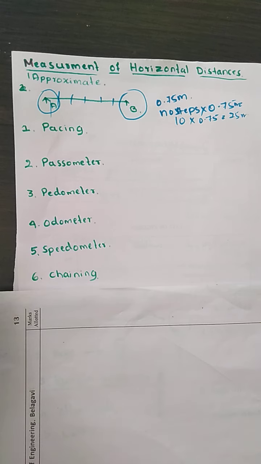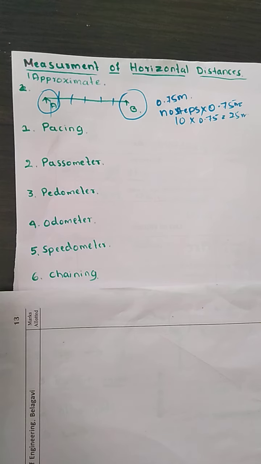Next is the passometer. It is a watch-like instrument which should be carried vertically in the shirt pocket, or tied to the leg. The instrument is operated by the motion of the body and records the number of paces.